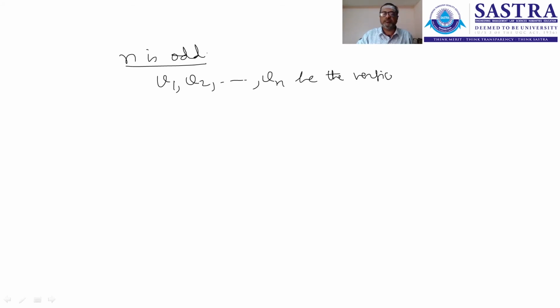Now I have n is odd. So let V1, V2, so on, Vn be the vertices in the cycle.